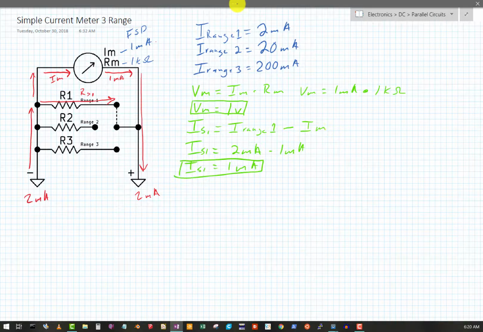And then now RS1 equals V meter over IS1. V meter was 1 volt over 1 milliamp.